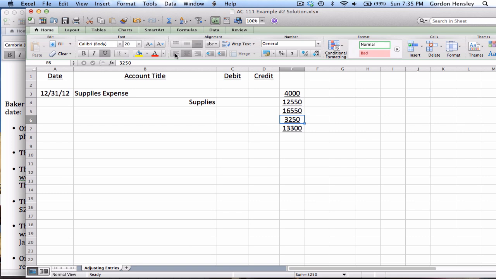That leaves me with $13,300. So I'm going to do this journal entry for $13,300. So that's why these adjustments are sometimes just a little bit more challenging, because we have to think about what we're doing here. We're making an adjustment so that the account will have the appropriate balance.